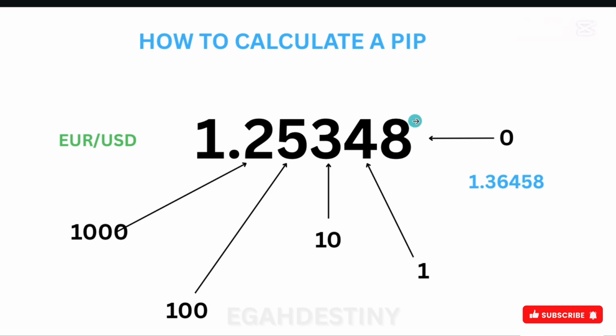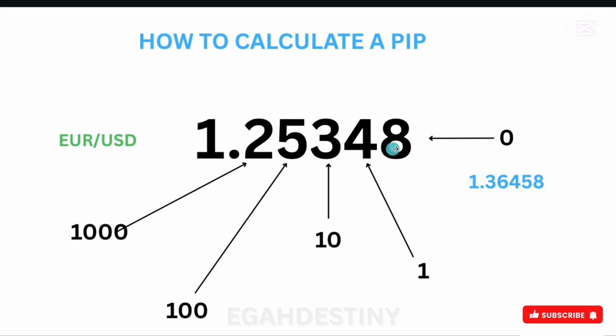They are regarded as pipettes. Just like you have different words for different measurements: kilometer, liter, centimeter. These are ways for measuring various objects or substances. In the forex market, the measuring tool is regarded as pip, and this is how to calculate them.